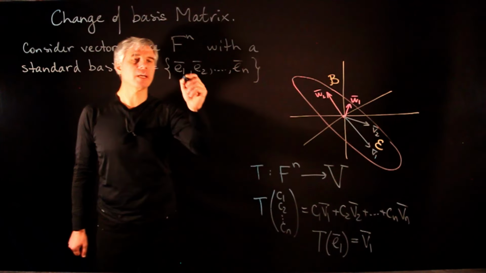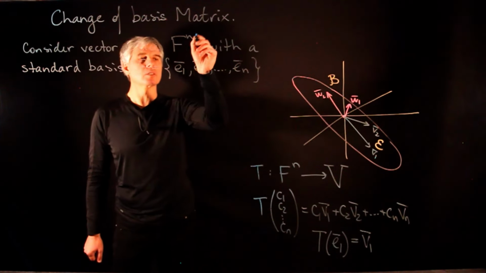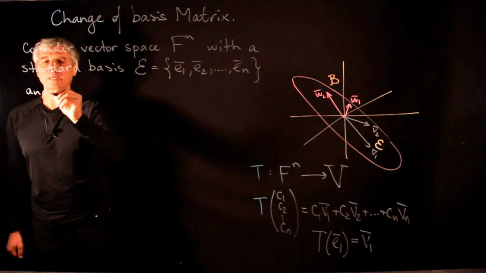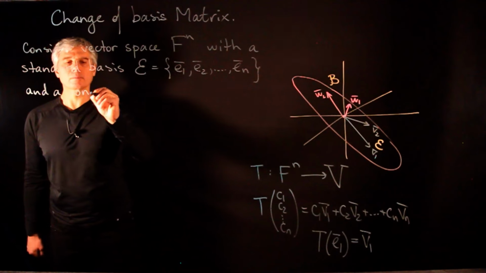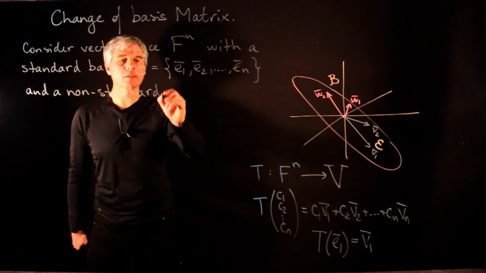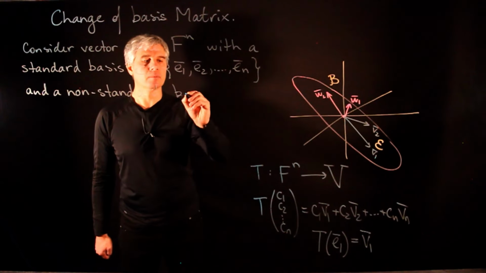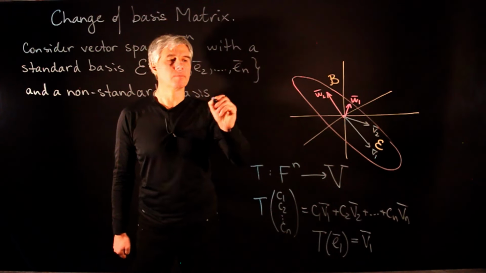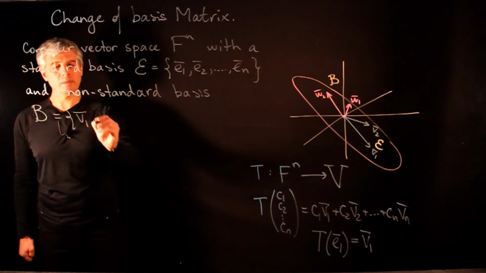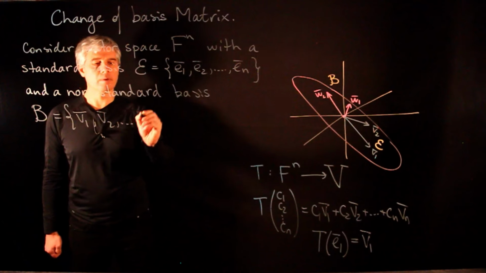So these are the column vectors (1, 0, 0, ...), (0, 1, 0, ...), and so on. And a non-standard basis, which means another basis in the same space. So B, which is v1, v2, ..., vn.